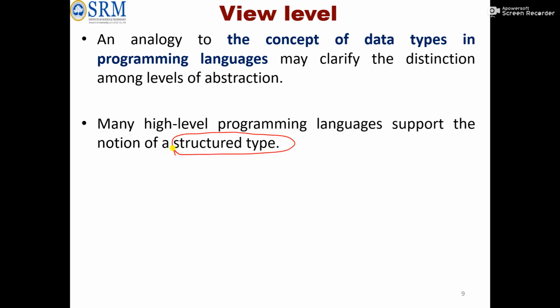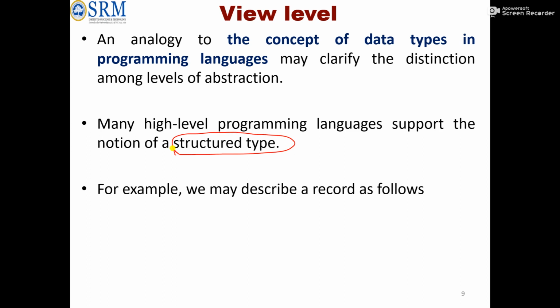Here, one example of a structured type is a record. So in the DB, we are using the record. From a programming perspective, this is a well-structured type.